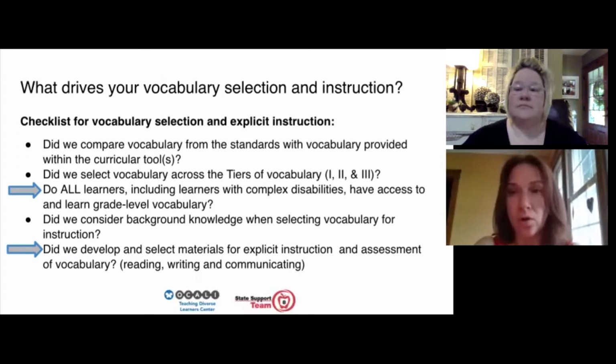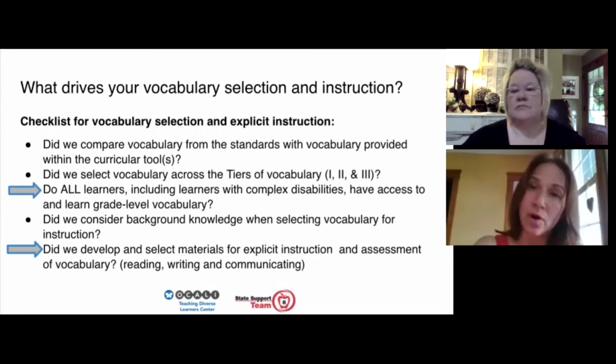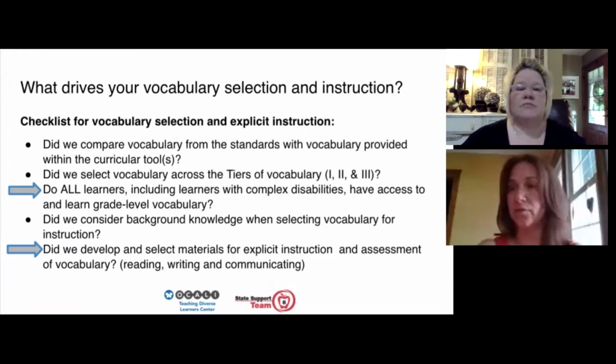Do all learners, including those with complex disabilities, English learners, students who are gifted and talented, and any students in diverse groups, have access to and actually learn grade level vocabulary? That's very important. And secondly, did we develop and select materials for explicit instruction and assessment of vocabulary?